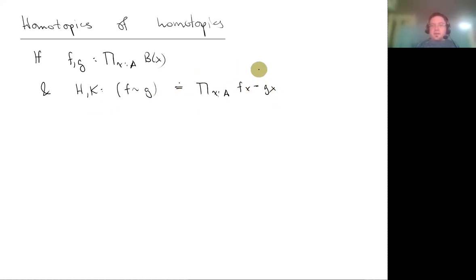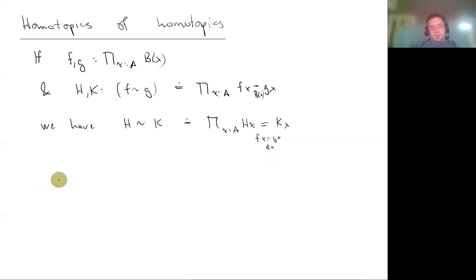But exactly because it's a pi type, it makes sense to form the type of homotopies from H to K. So we have a new type of homotopies from H to K, which by definition is the pi type for every x in A, H of x equals K of x. So if these equations are in B of x, then these are identifications in the identity type F of x equals G of x in B of x. That's an iterated identity type.